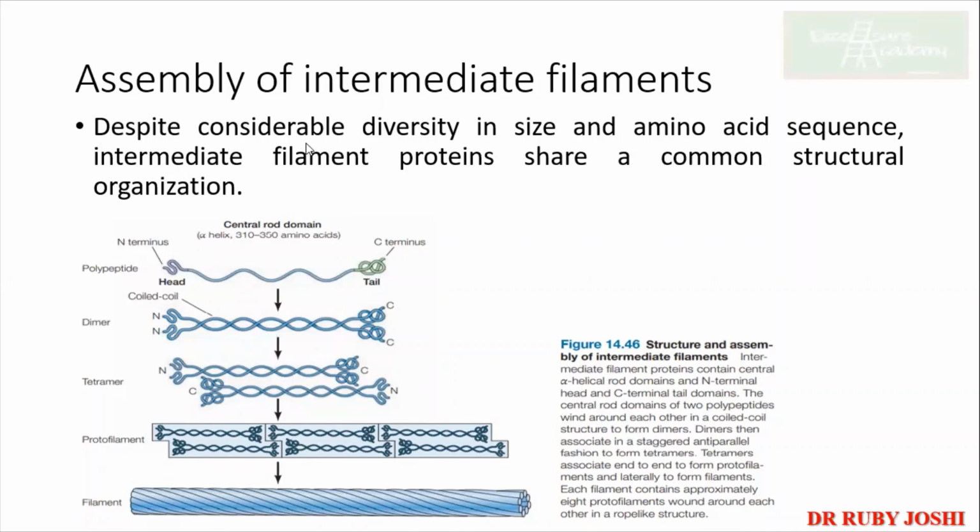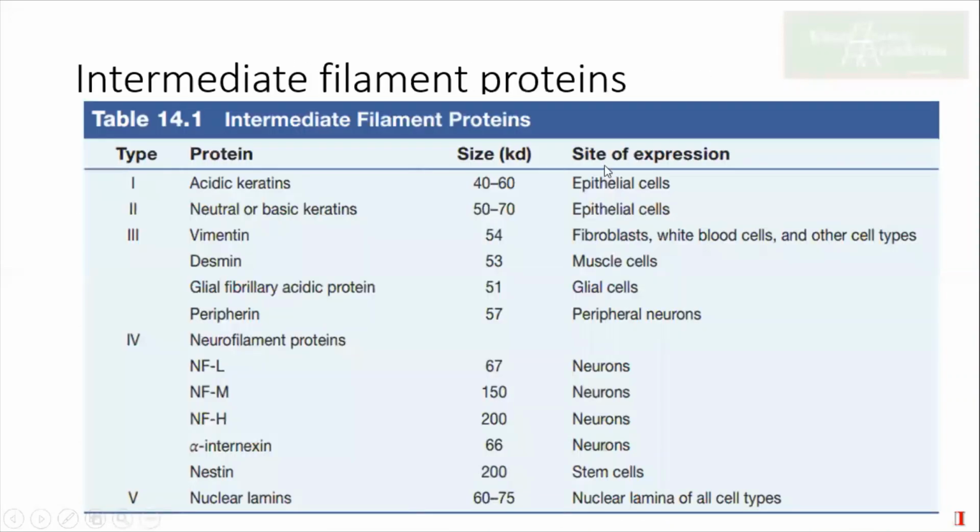Krishita, alpha internexin? Fibroblast? Where? Fibroblast? No. Last, Shruti, vimentin? No one is able to answer. Not paying attention, it means. See, vimentin is fibroblast, desmin is muscle, internexin neurons, nestin stem cells.